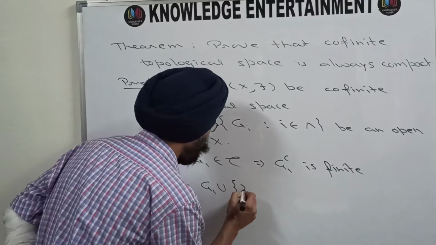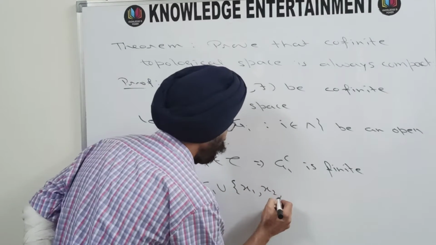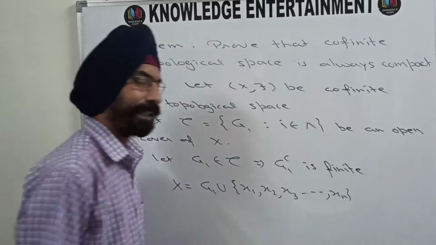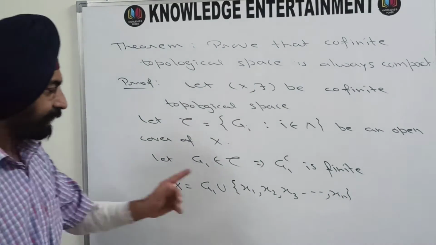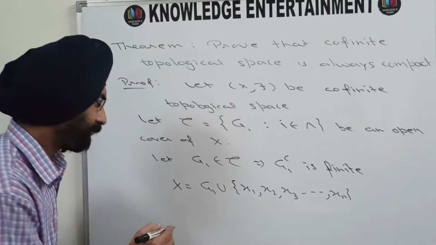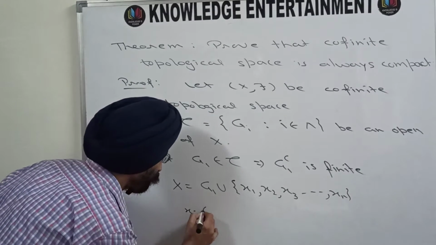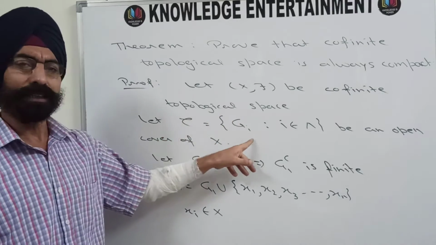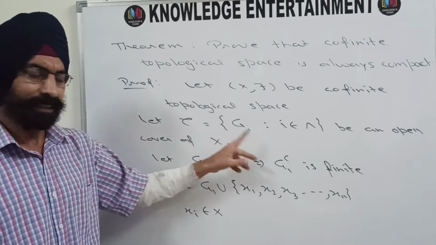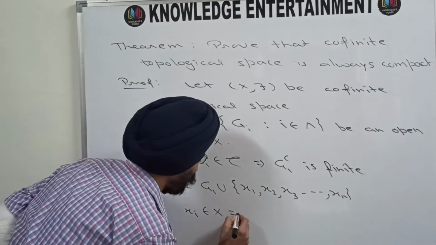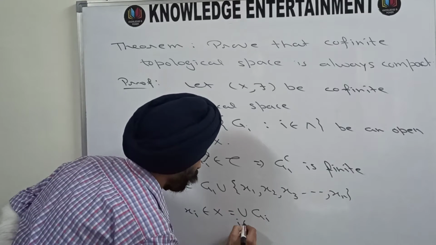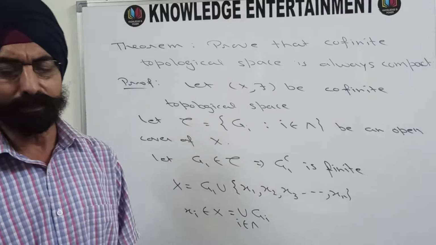Suppose it is the set x1, x2, x3 and xn. Since each of these xi's belong to X, and C is an open cover of X. That means X can be expressed as union of G_i's, i belonging to that particular family lambda.